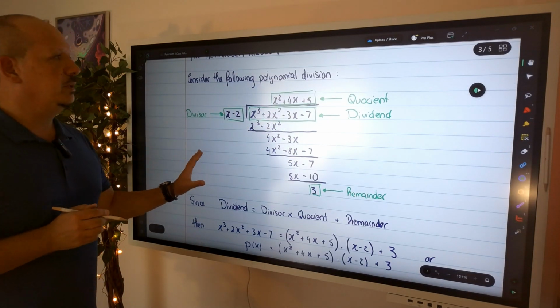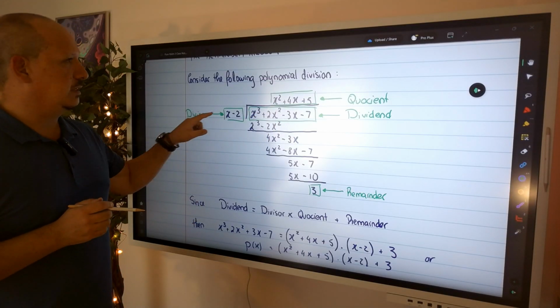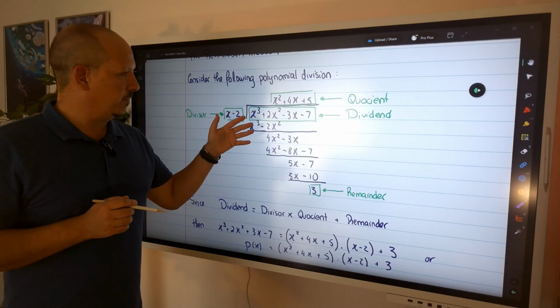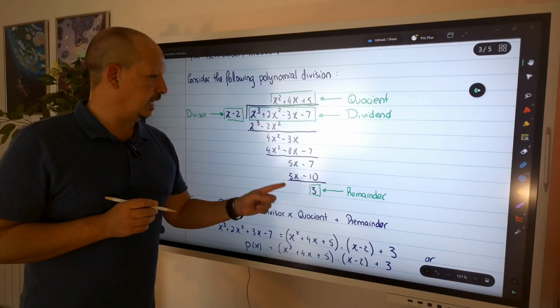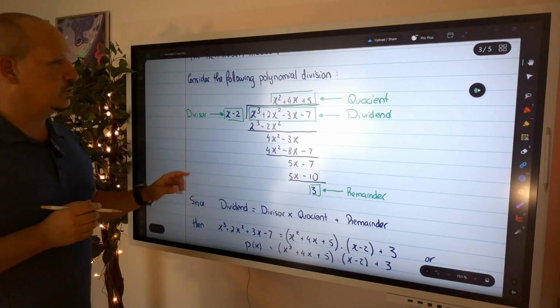Here you have an example of two polynomials being divided. So again, you have here the dividend, the divisor, performing the algorithm that I just explained before. This is the quotient that you're going to get. And in this case, you are going to have a remainder 3. So what can you say about this?